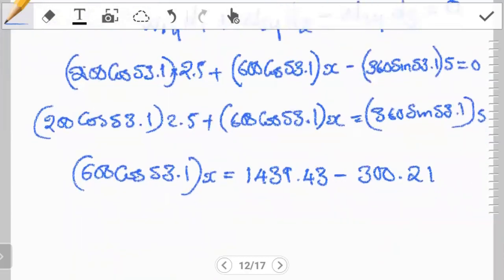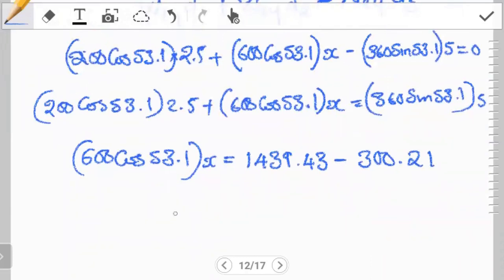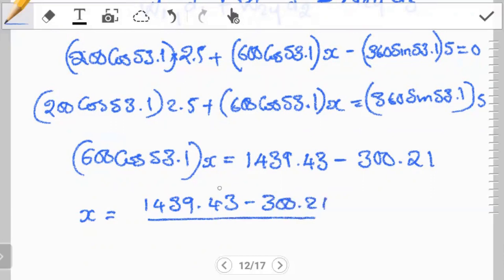And next up, I divide both sides by this. So now I'm going to have x is equal to 1439.43 minus 300.21, divided by 360.25.